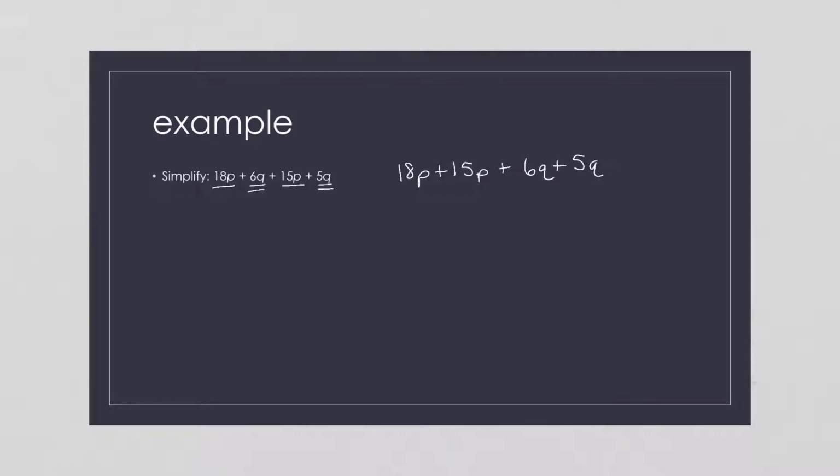So now I put my P's together and I put my Q's together, and I still come up with 33P plus 11Q. And I don't really require that you do this. It's just I'm showing you that because of the commutative property we are allowed to do that.